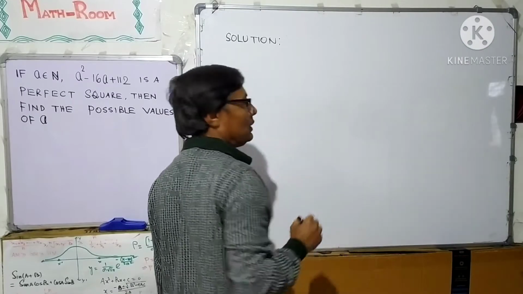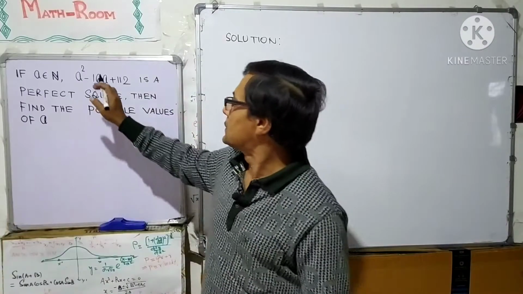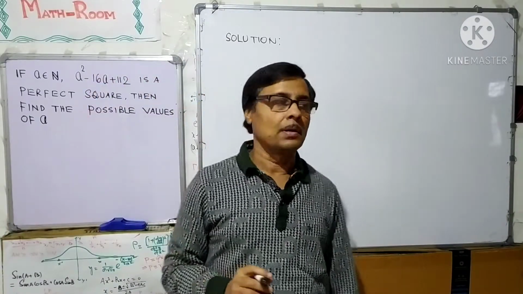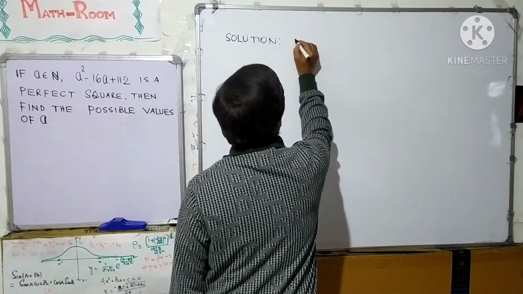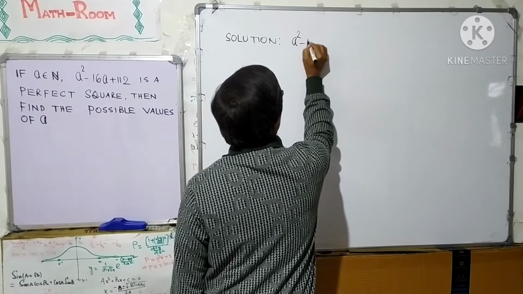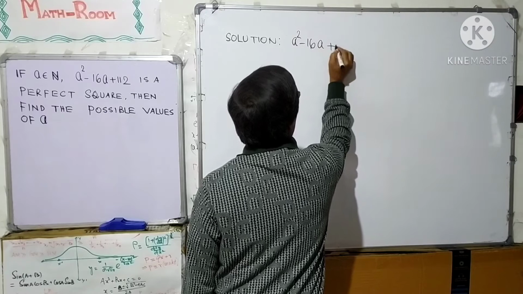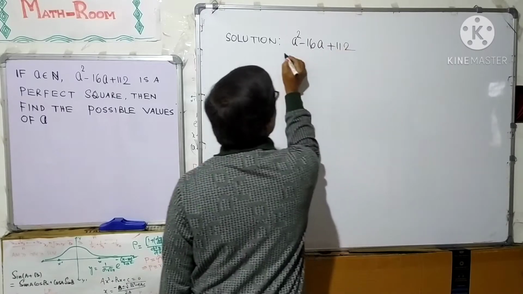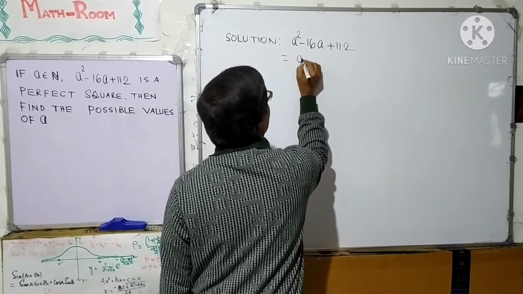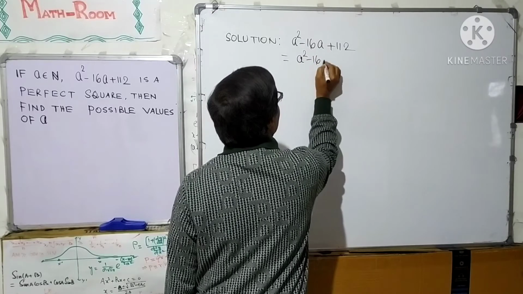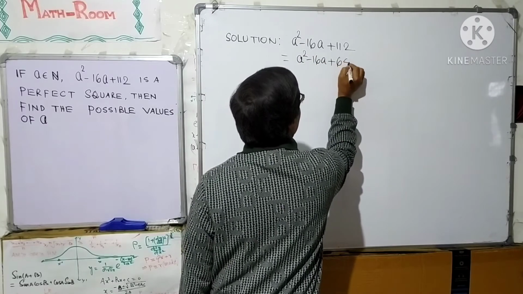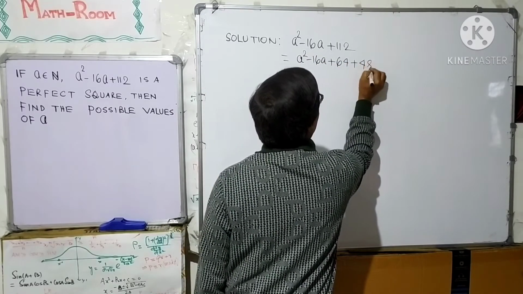Here the expression is a square minus 16a plus 112. This can be written as a square minus 16a plus 64 plus 48.